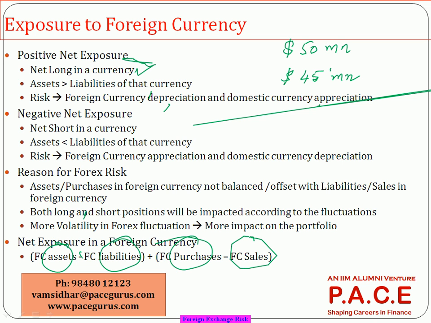Now, one way to look at it is to always match these two things. If that's the case, then probably there is no job for a risk manager, right? If I borrow 50 million in the US market and lend 50 million in the US market, what is the benefit I am getting there?